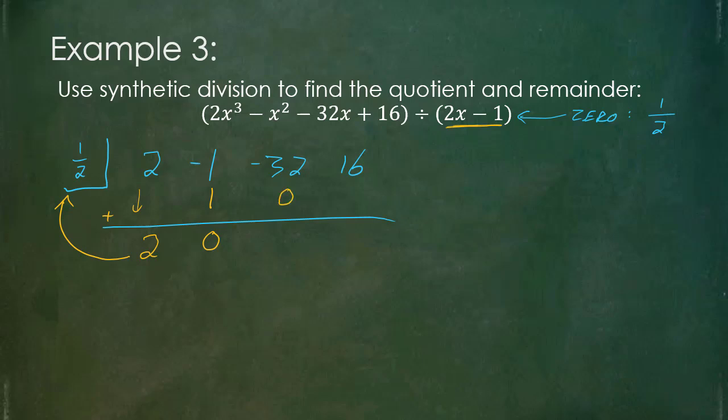That would just remain 0. -32 plus 0 would remain -32. And then a -32 times 1/2, well, that would turn into a -16, and a 16 plus a -16 actually gives me 0. So again, drawing that line on the end, my remainder in this case actually was 0.